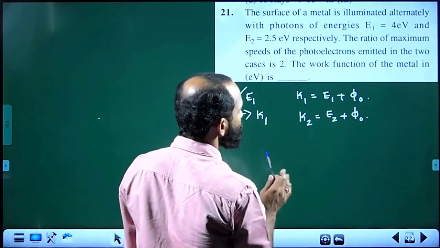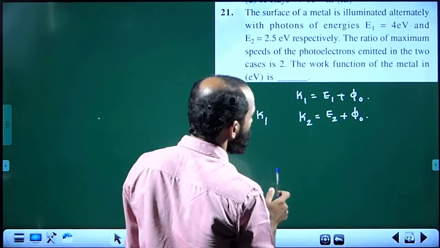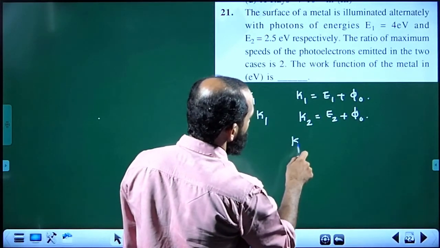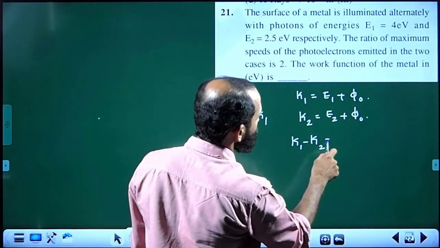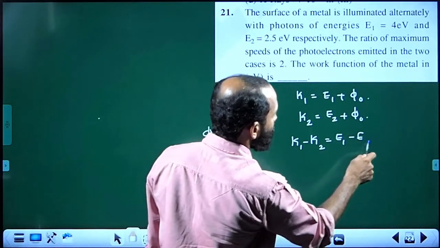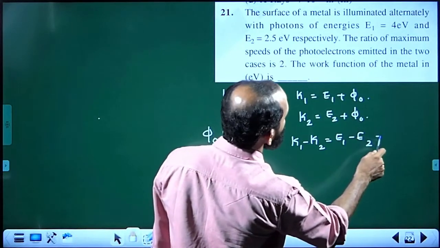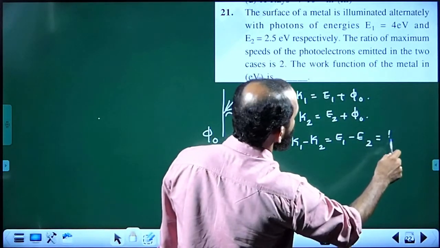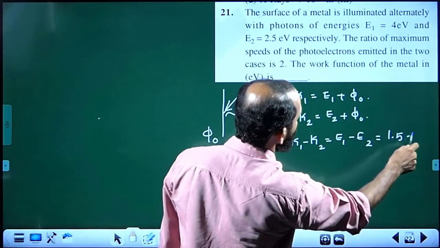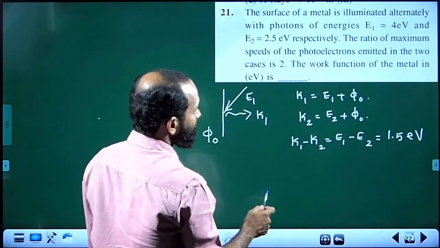You solve these two equations, that is all. First we take the difference, that means K1 minus K2 is equal to E1 minus E2, because phi 0 cancels on subtracting. E1 minus E2 is 4 minus 2.5, that is equal to 1.5 electron volt.